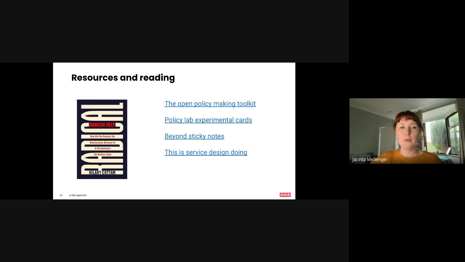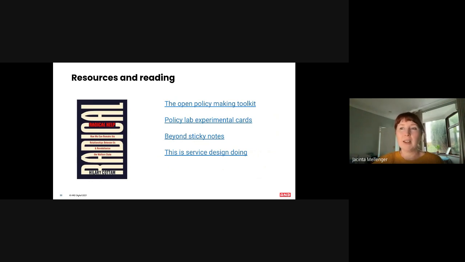As well as the toolkit, Policy Lab have just launched some really useful experimental cards, and they've got some interesting techniques for collaborating with policymakers. Service Design Doing is a book that I'd recommend that has some great step-by-step practical advice on how to conduct various types of ethnographic research and service prototyping.